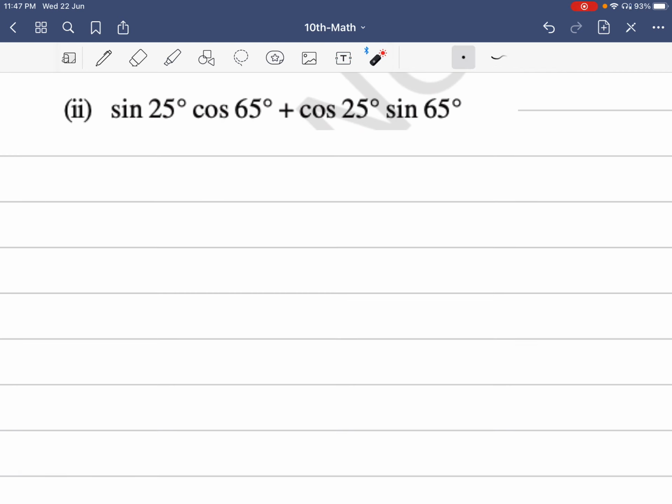Now once again, if you look at these numbers, 25 and 65, their sum is 90. Same goes with the other term, 25 and 65, the sum is 90. So whenever such numbers are given in your angles, you just check if the sum is equal to 90. Whenever the sum is equal to 90, we can always use the complementary angle property.